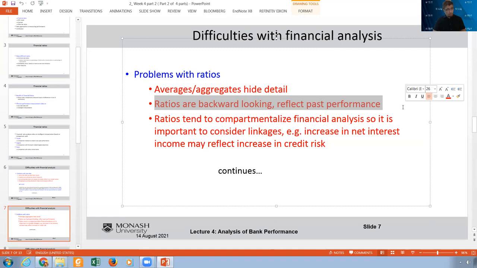But we want to know for planning, and if I'm an investor, potential or current, I want to see what the bank is going to do in the future. I'm not really interested in its history. So the impression is that the past will reflect itself in the future, but actually this is not always true. So one of the problems with ratios is when we show the ratios, we think this is the position of the bank.